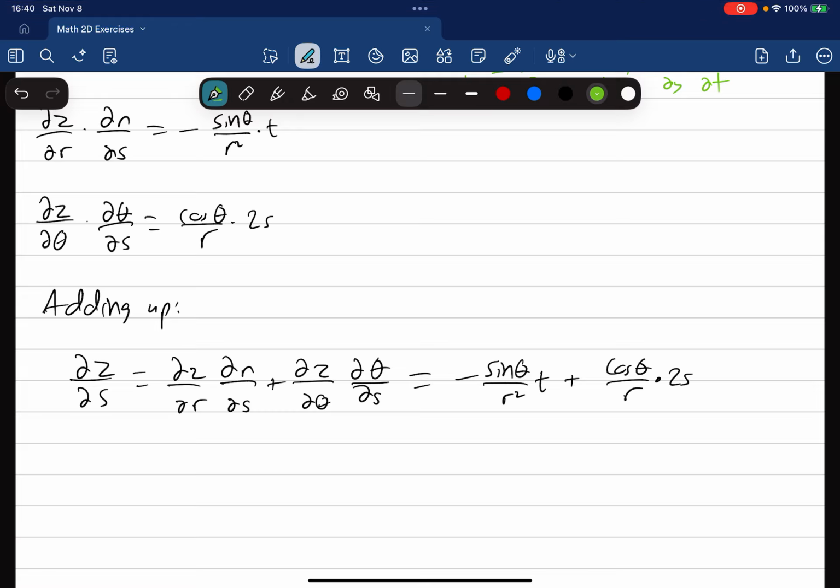And this should be good enough for an answer right here for the first partial derivative.